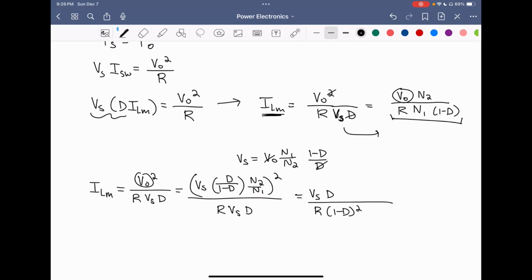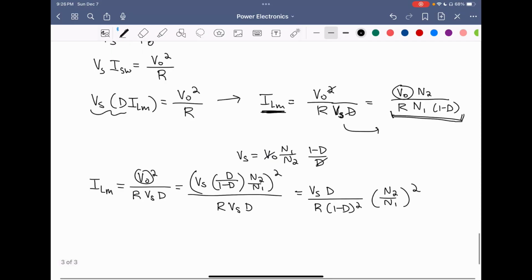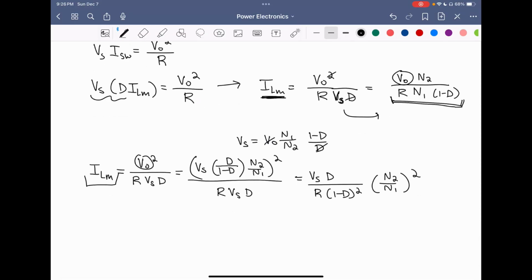And then we will have the turns ratio squared. So this is one way we can express ILM in terms of the output voltage. Another way is to express the magnetizing current in terms of the source voltage Vs. So we're going to use this second expression that we found.